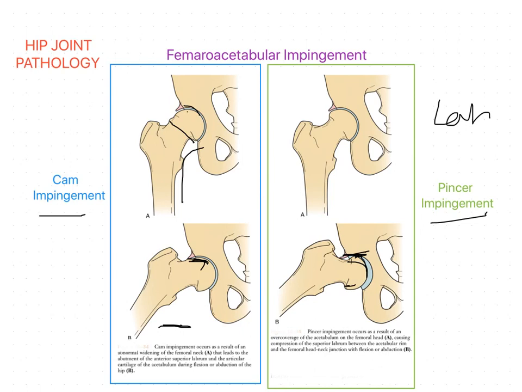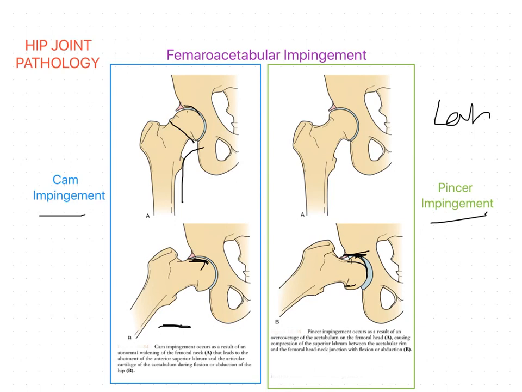Repetitive impingement of the labrum may result in ossification of the labrum, which may further worsen the over coverage of the femoral head. These are the things we can see in pincer impingement.